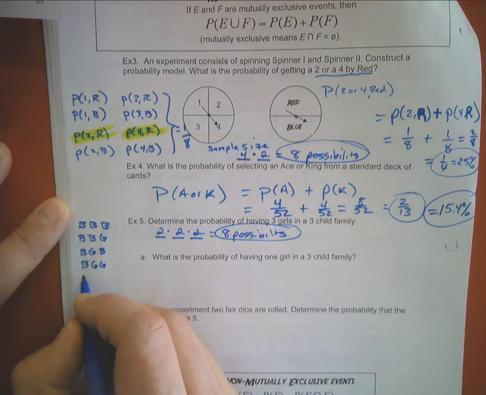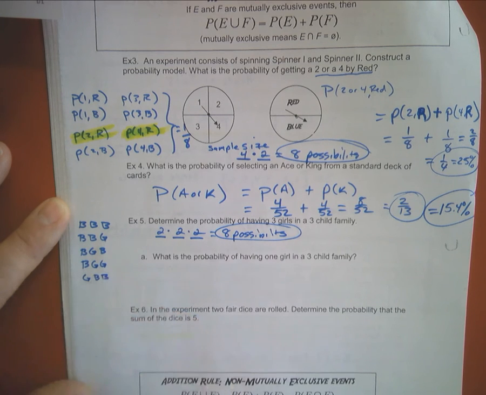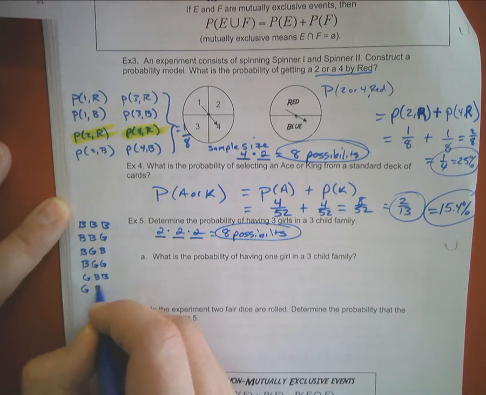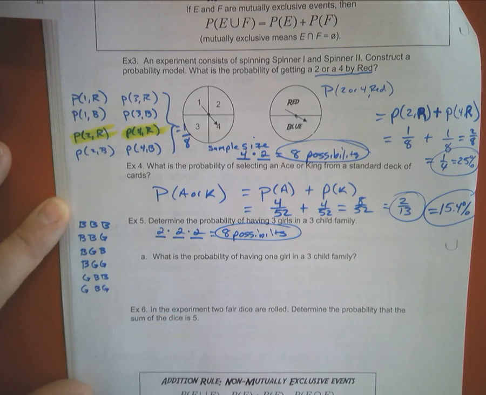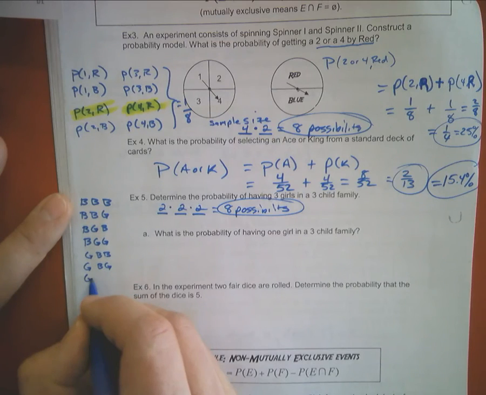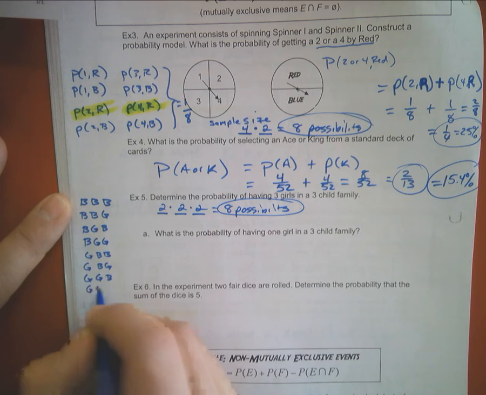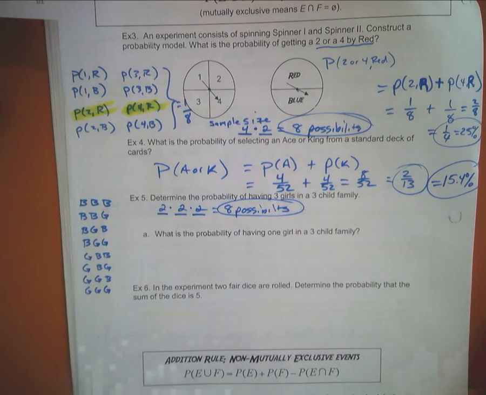You could have a girl, then boys, GBB. You could have a girl, then a boy, and then a girl. You could have a girl, girl, and then a boy. Or you could have a girl, girl, girl. And that's all 8 possibilities, right?